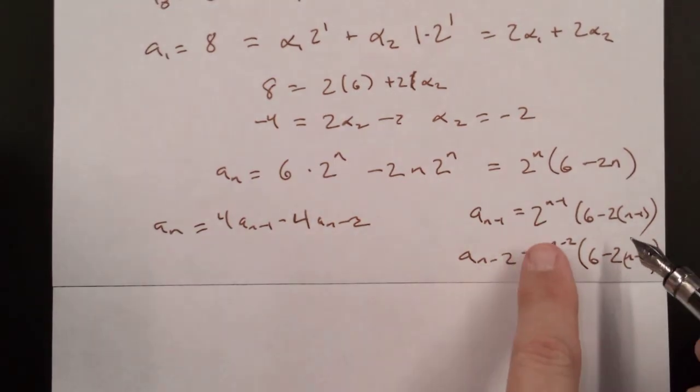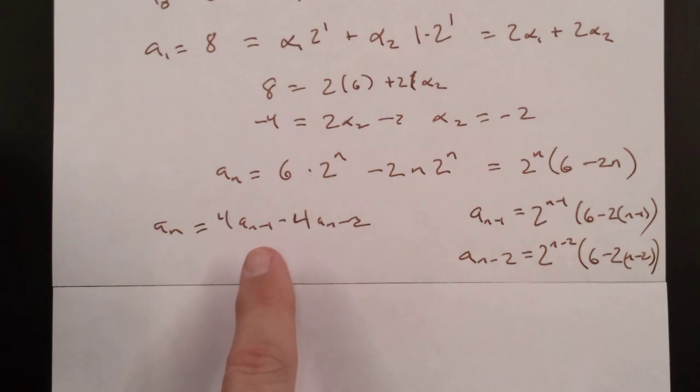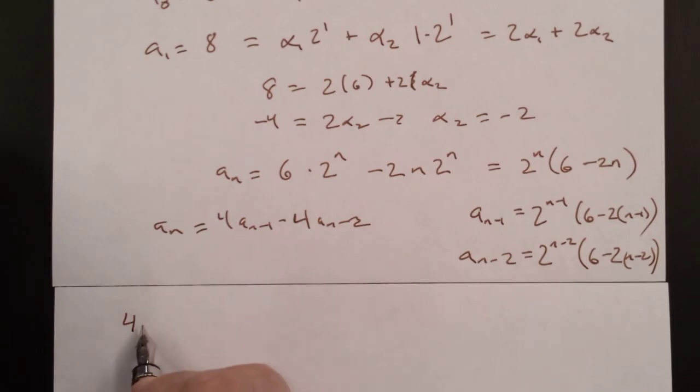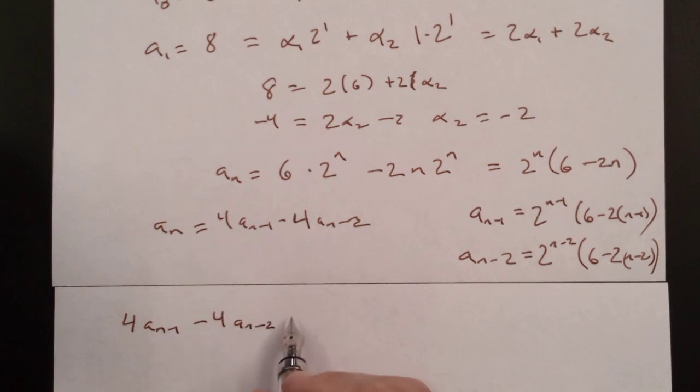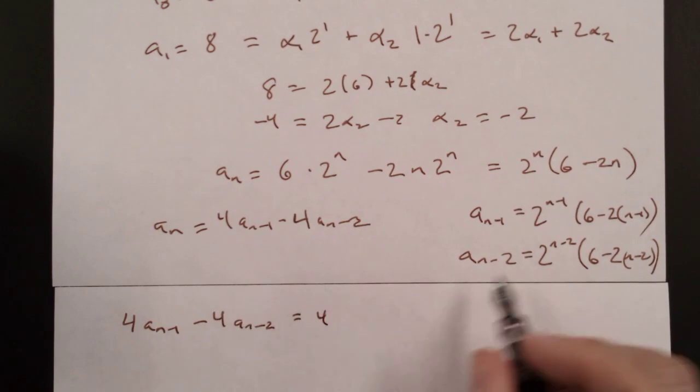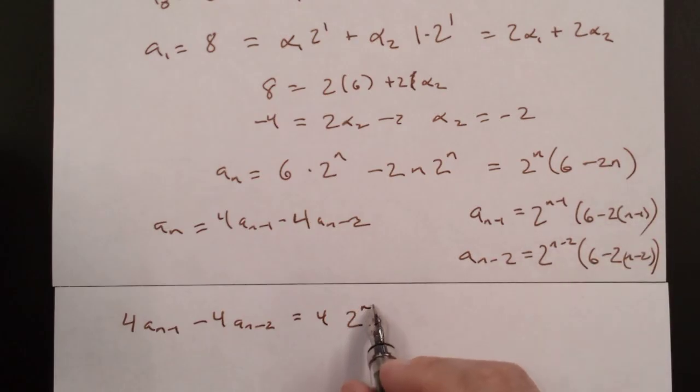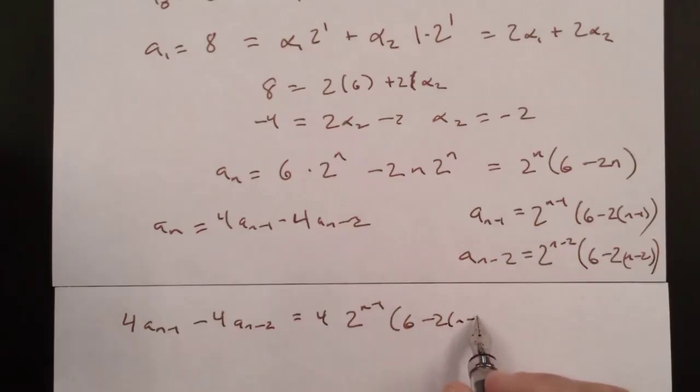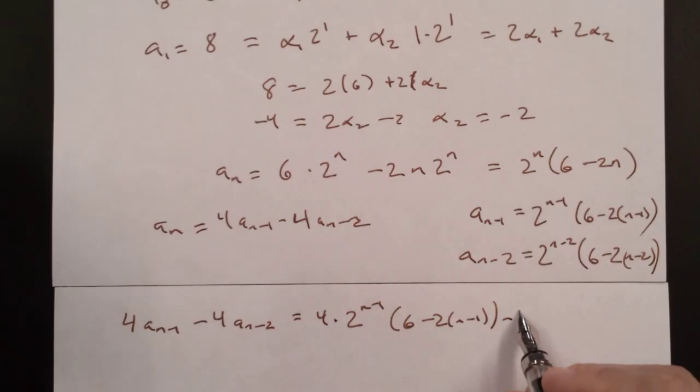Now, take these two things and put them in this expression: 4 times A_{n-1} minus 4 times A_{n-2}. That's 4 times this garbage, minus 4 times this garbage.